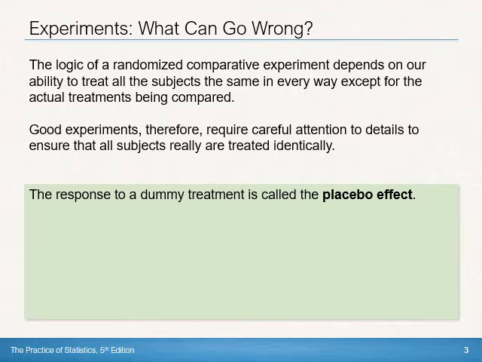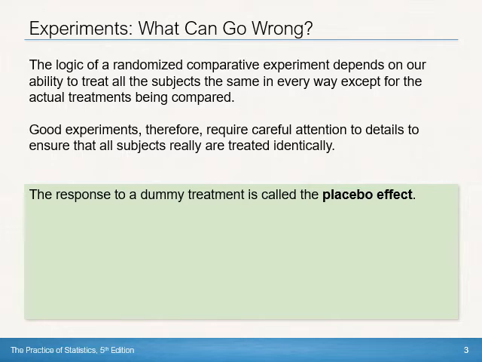All right, the response to a dummy treatment is called the placebo effect, and often we'll refer to that dummy treatment as a placebo. Now, a placebo is simply a treatment that is indistinguishable from another treatment, the actual treatment.